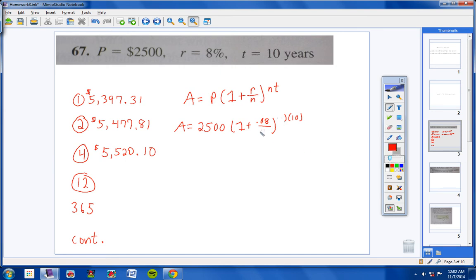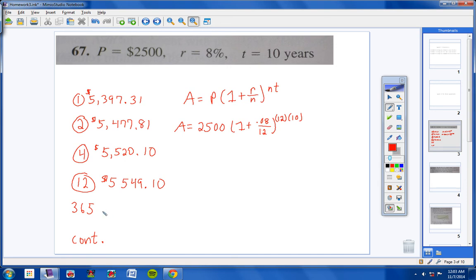So we put a 12 here, and we put a 12 here. Okay, and if you type all of that into your calculator correctly, you will come up with $5,549.10.